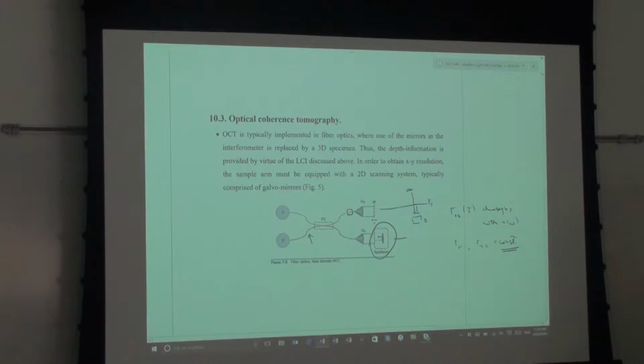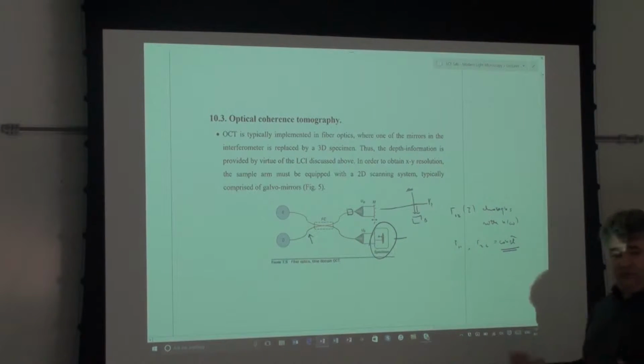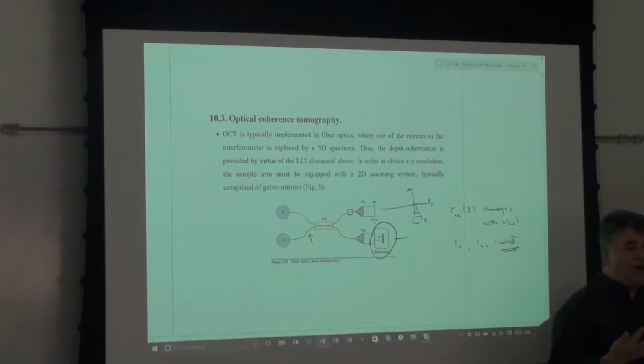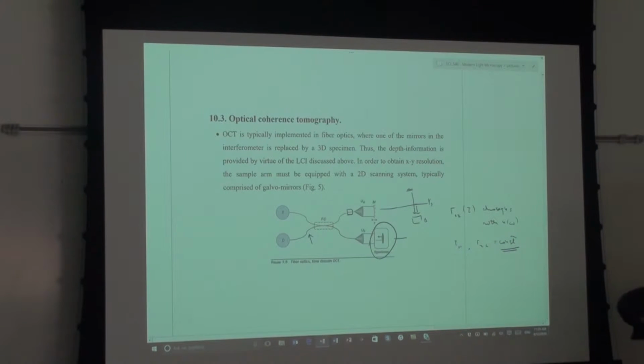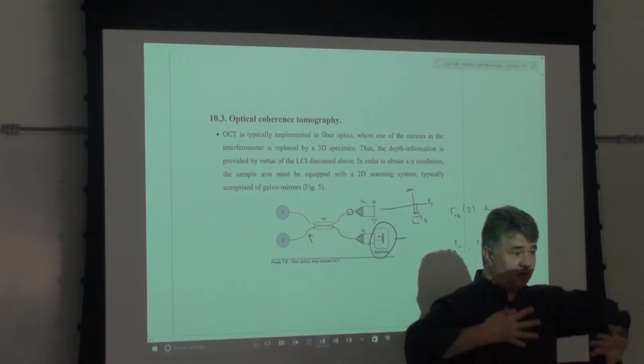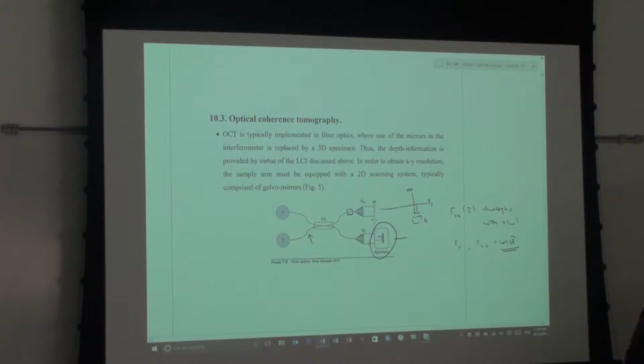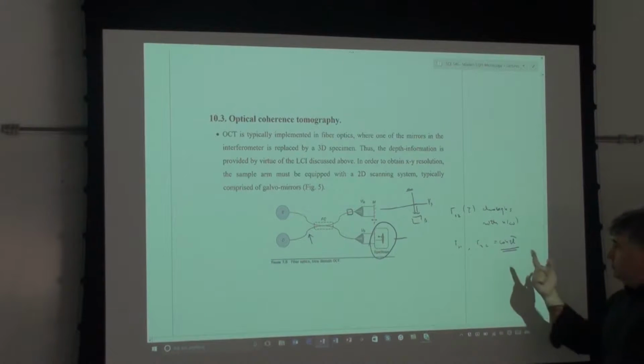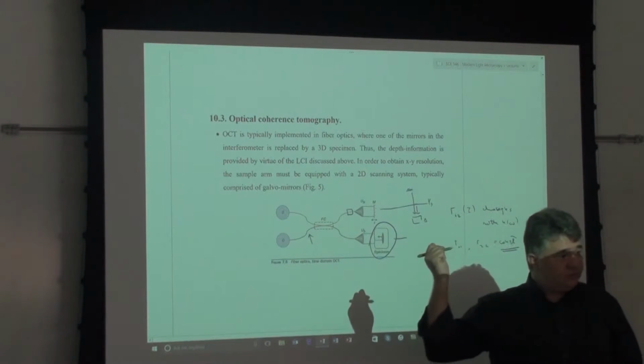So by now I expect you to have an intuitive picture about why the interference kind of spreads out. It's because the group velocity starts to spread. Different colors go at different velocities. And you should be able to quantitatively write all these things down.